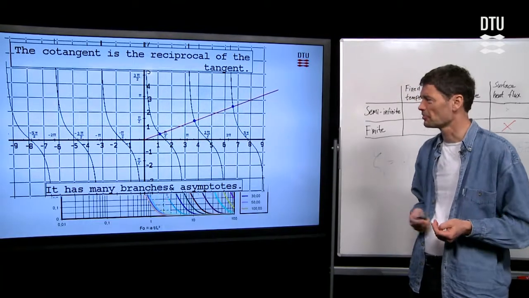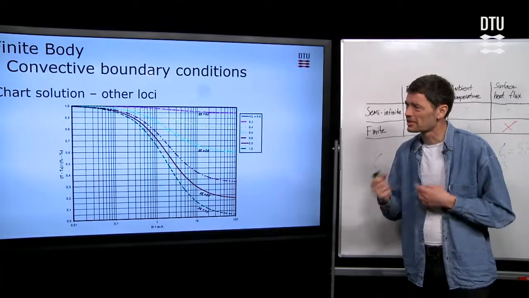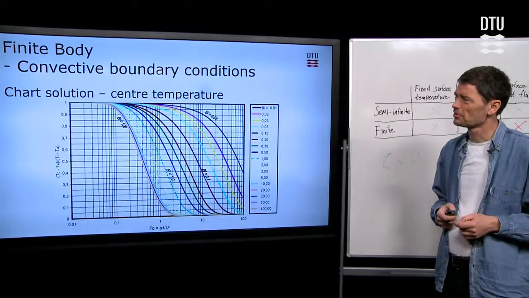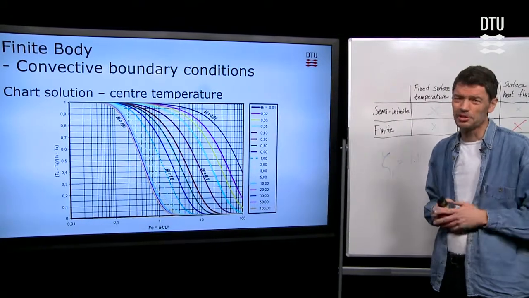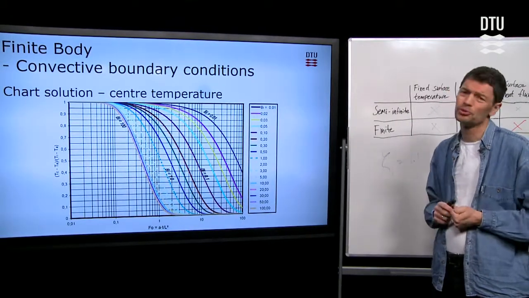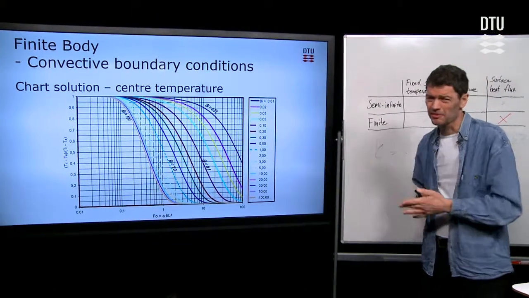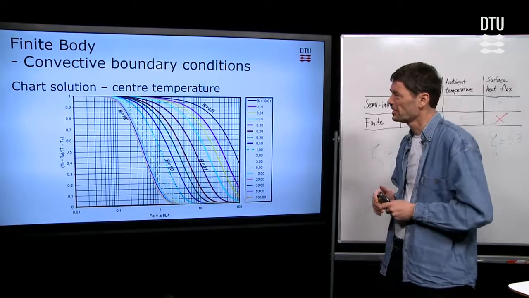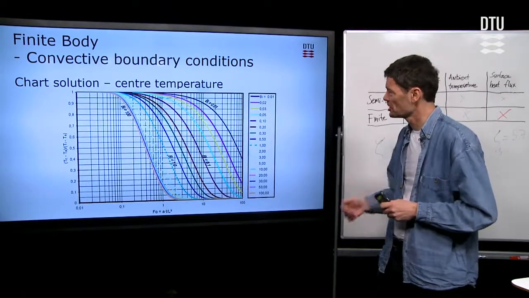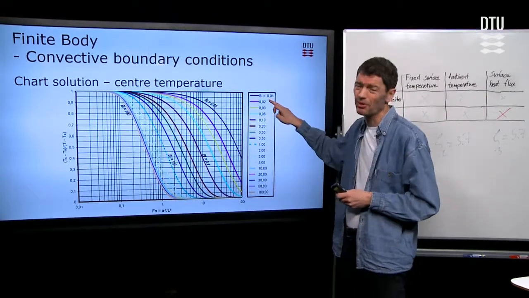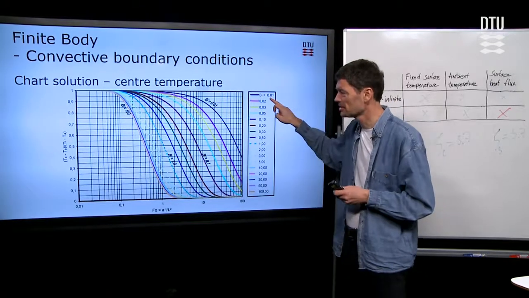So here is a repetition of this, except to say that we have also, as I promised, charts where you don't have to use the formula I just showed. As a very final part, you can use these charts, but then you have to find the Biot numbers. Also, as I said, you very often need to calculate them.